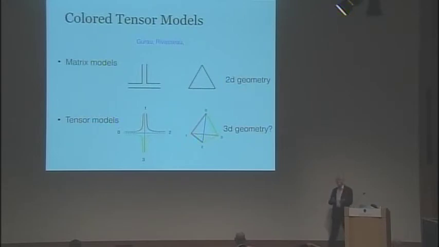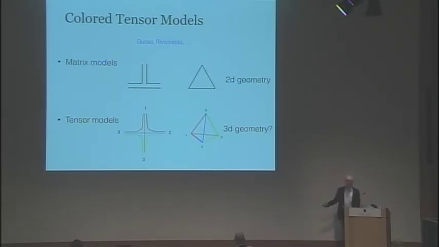That's one of the origins of string theory, gauge theory, string theory. The Feynman diagrams look like two-dimensional surfaces. These tensor models are constructed to give perturbative expansions that look something like higher dimensional geometries, which are much harder, if at all possible, to classify.